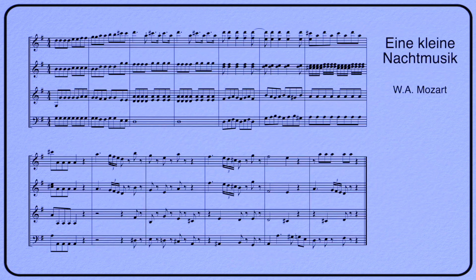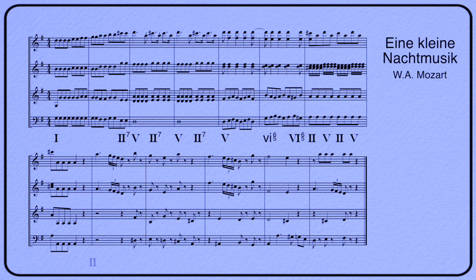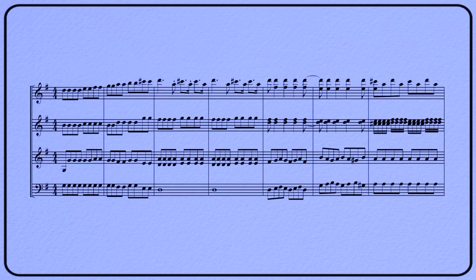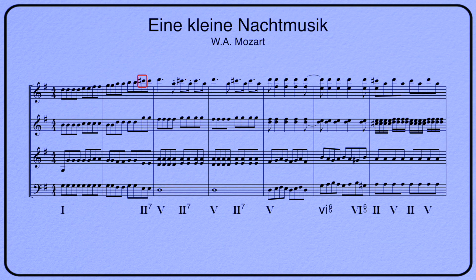Let's see the lengths that Mozart is willing to go to make sure that a modulation really sticks. A little night music, anyone? We're in G major again, and by the end of the 2nd measure, we see the raised 3rd of our 2 chord, an A7.